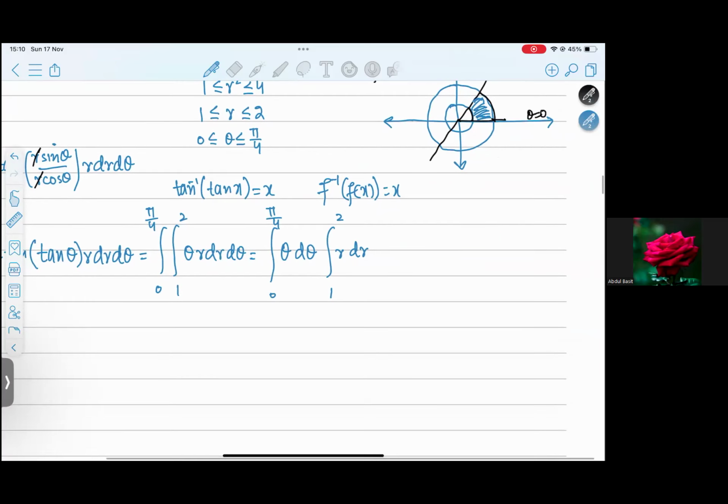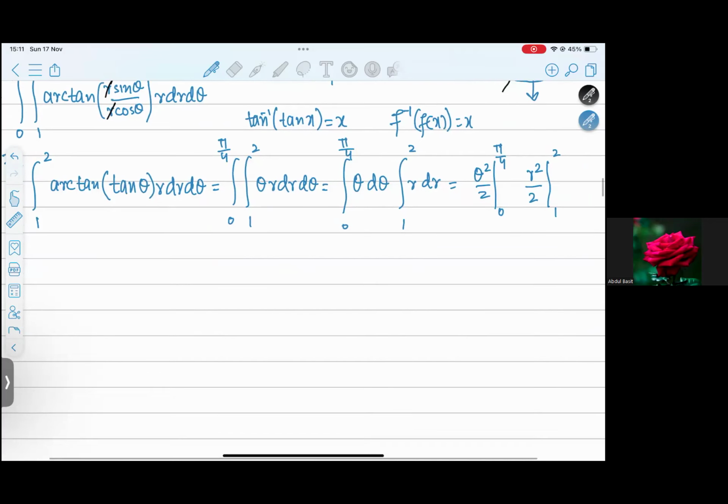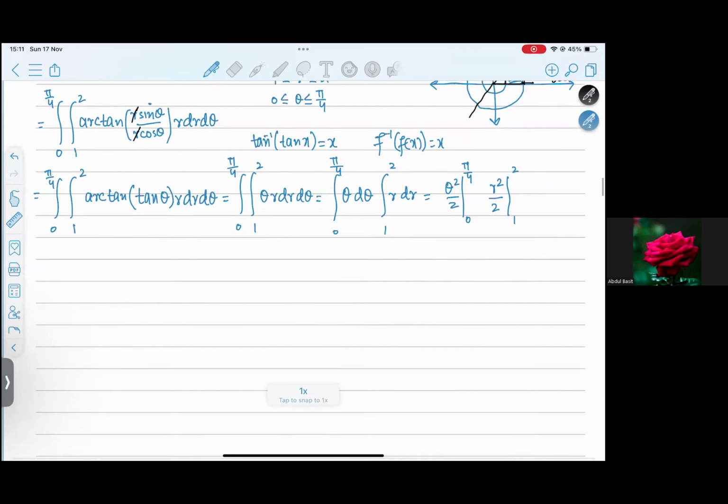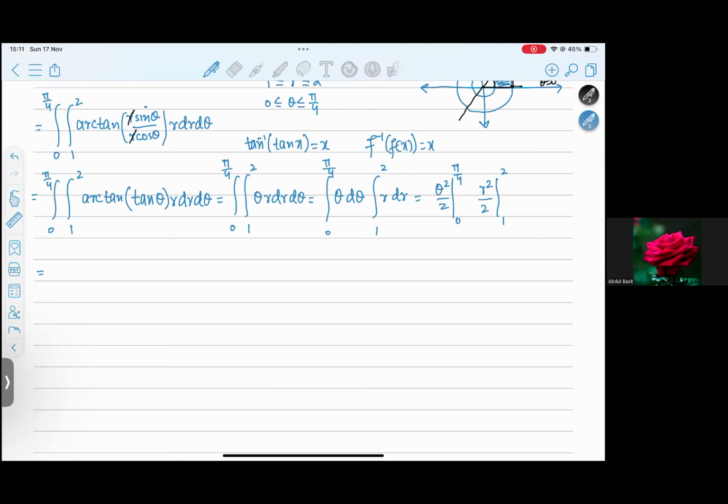Integrating theta with respect to theta, I get theta square over 2, and the limits are from 0 to pi over 4, times integrating r with respect to r, which is r square over 2, limits from 1 to 2. Okay. If I plug in theta is equal to pi over 4, I am getting pi square over 16 divided by 2, minus, if I plug in theta is equal to 0, I'm getting 0.